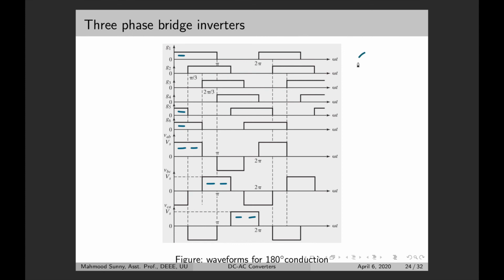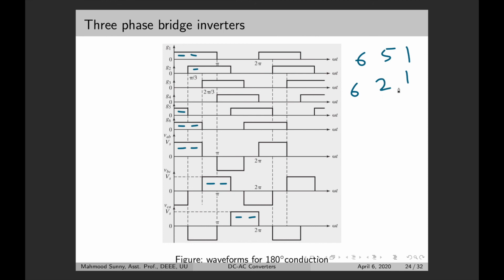So 6, 5 and 1. Now after 60 degrees, what happens? This one and this one become on. So switch 6, then switch 2 and switch 1.